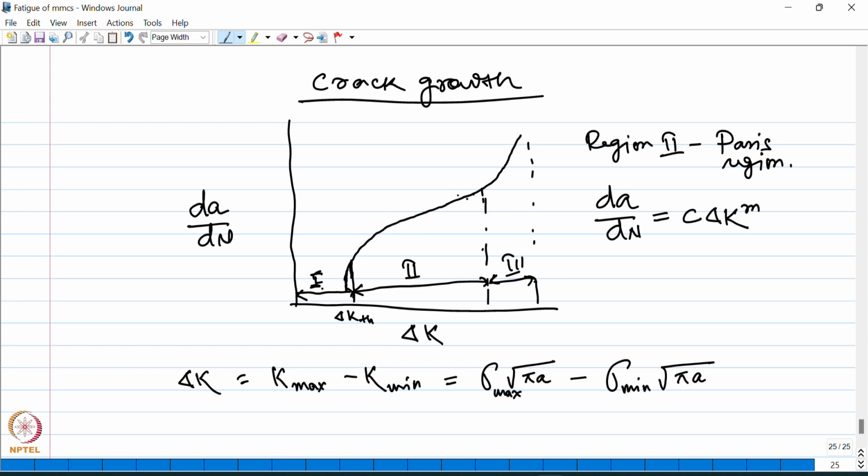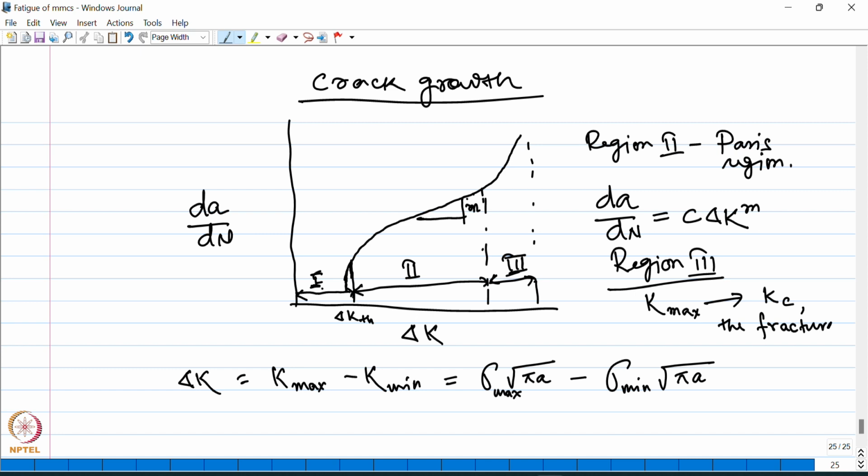Therefore in the log-log plot, the slope of this straight line portion is m. And region 3 is the region of rapid crack growth, and here K max approaches Kc, the fracture toughness of the material.